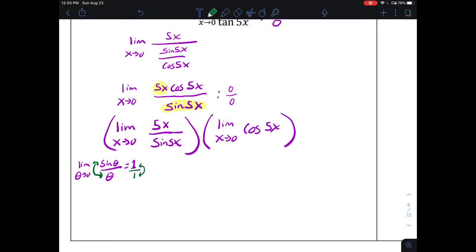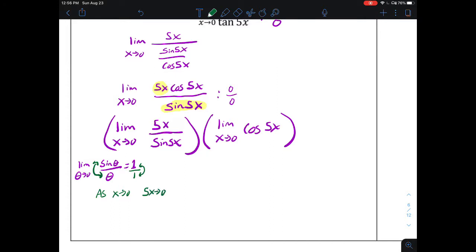So all I need to do is show that I can apply this limit, and so I have the angle inside of the sine, and it's 5x on the other side. I just need to make this statement here, and then I could apply that limit. So as x approaches 0, 5x also approaches 0.